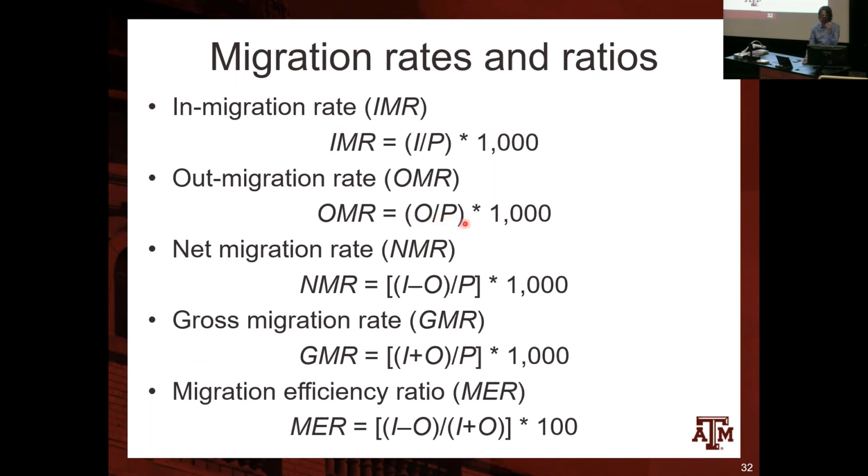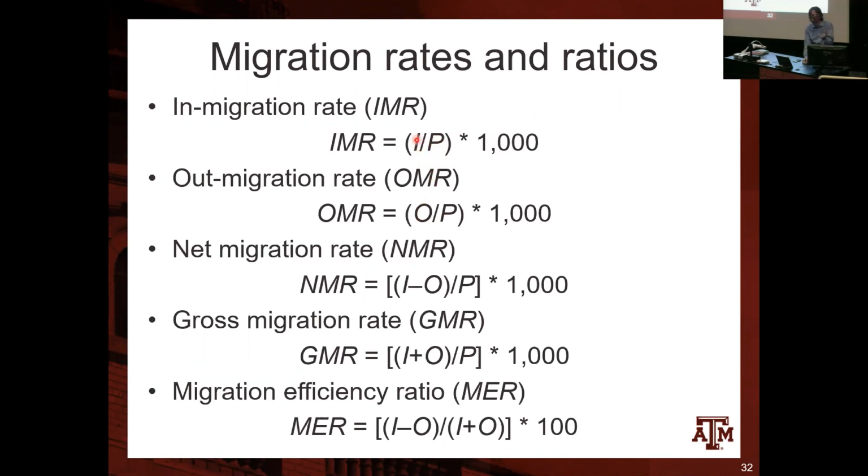You understand the logic? Because the denominator is the number of people who have a chance to enter the numerator. And since this population here is the population in the area of origin, these are people at risk of getting out. The population in the area of destination are not at risk of going into that area because they already live there, right?